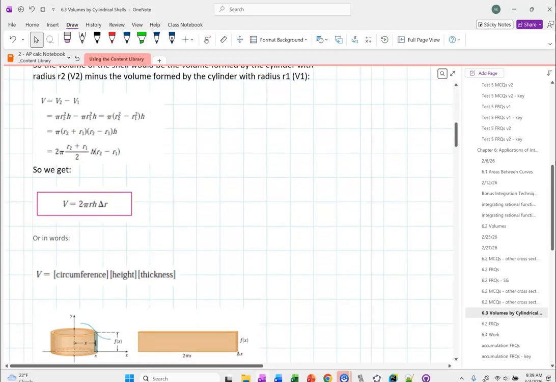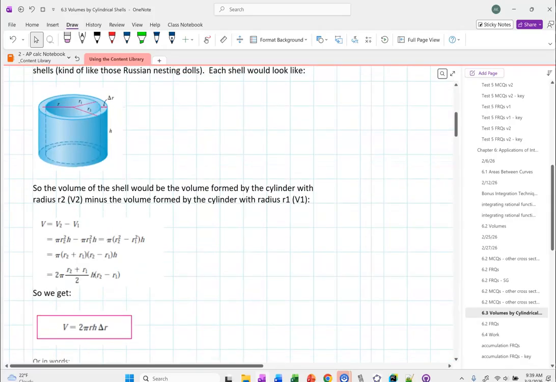So our volume for that one particular shell is going to be 2 pi r, the circumference of our circle, times the height, times the thickness, that's the delta r, which will become a dx or dy.